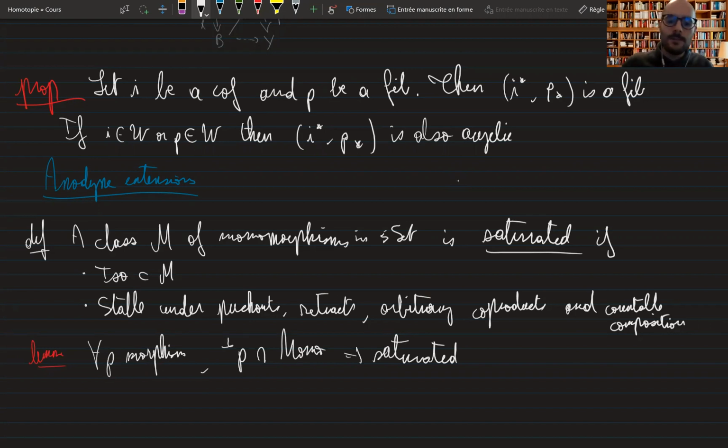Well, there are two statements here. First of all, any class of maps like this is stable under push-out, retracts, arbitrary coproducts, and countable compositions.